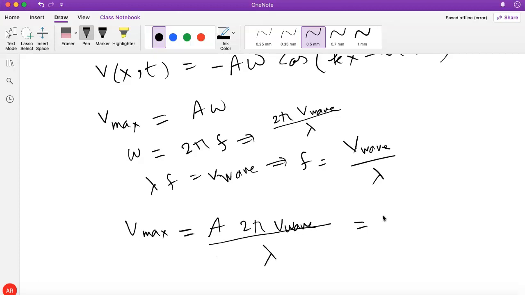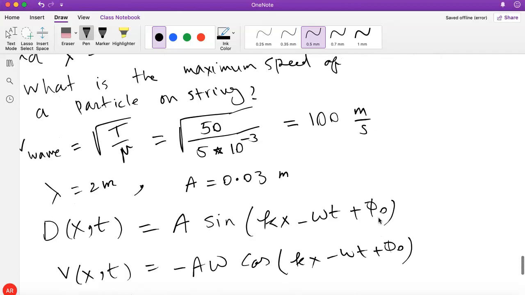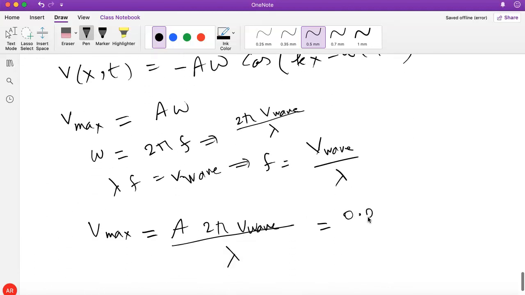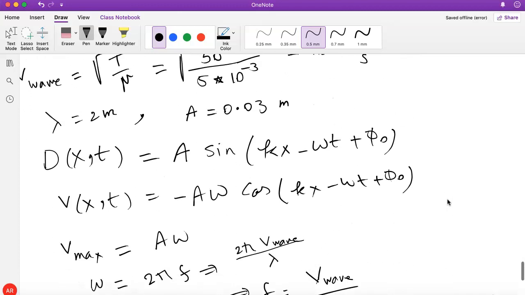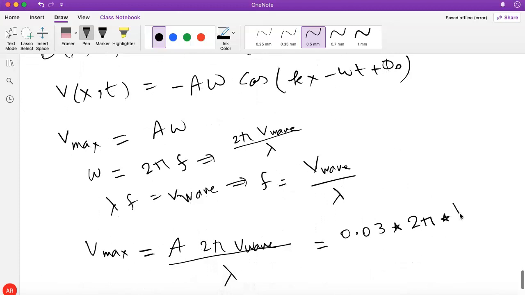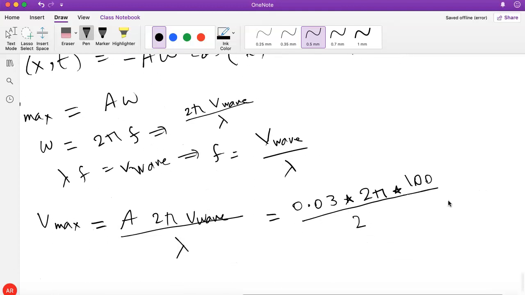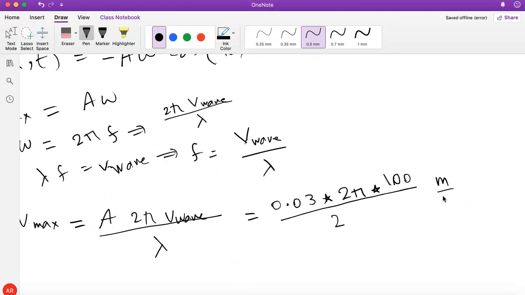All right, so putting in numbers, A is 3 centimeters, so that's 0.03 meters. 2 pi is 2 pi. The wave speed we calculated to be 100 meters per second. And lambda is given to us as 2 meters, right? So this again should be in meters per second.